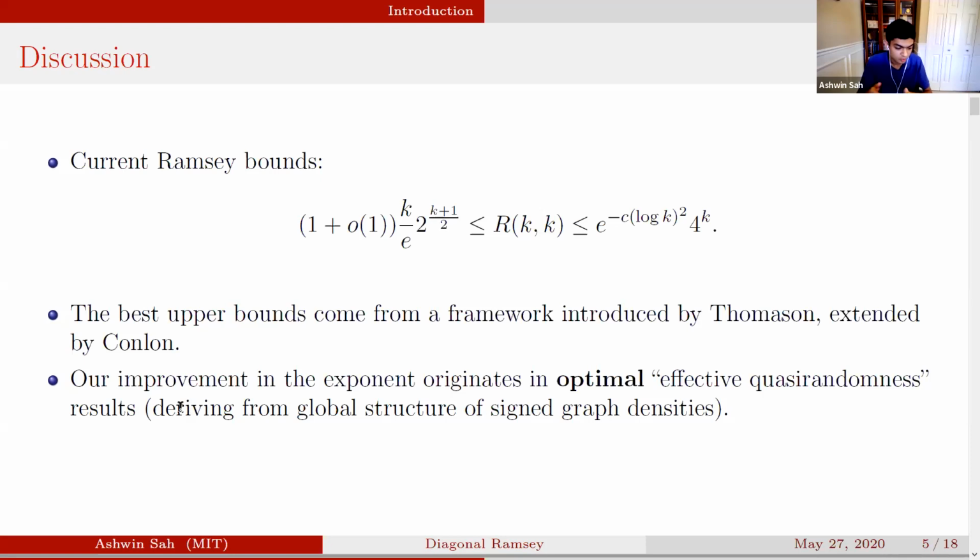It will require some technical work to get into that, but it derives from looking more closely at and understanding the global structure of certain signed graphon densities, rather than just a local structure, as Conlon does, or with Thomason, where it's more of a restricted thing. And maybe we'll see more of this as we go forward.